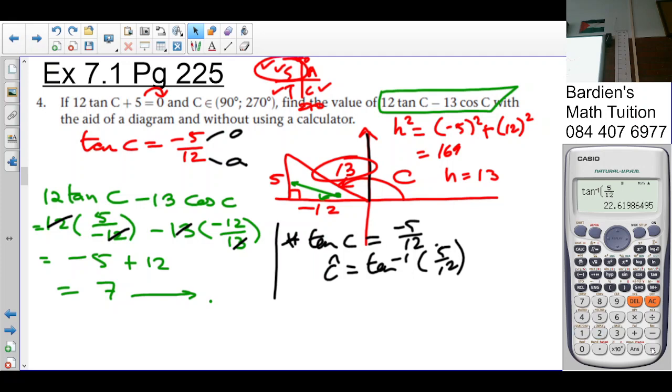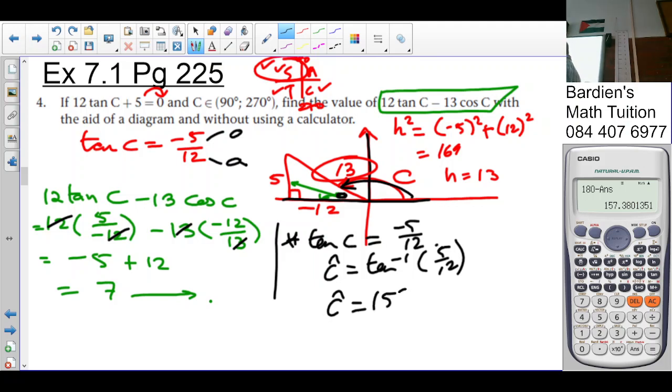Okay. So that reference angle is 22,62. So this whole angle that I've calculated is actually the angle lying there. Angles on a straight line add up to 180, so I say 180 minus that. We're going to get to this calculation still, but angle C is equal to 157,38.